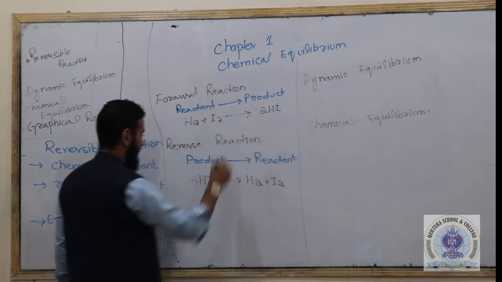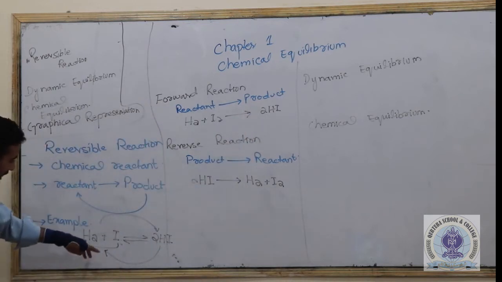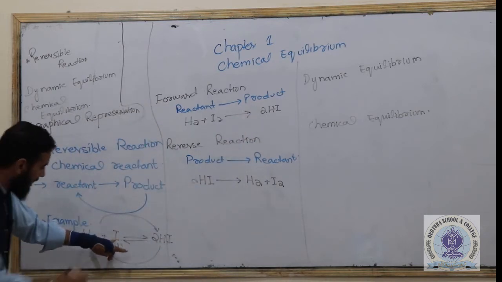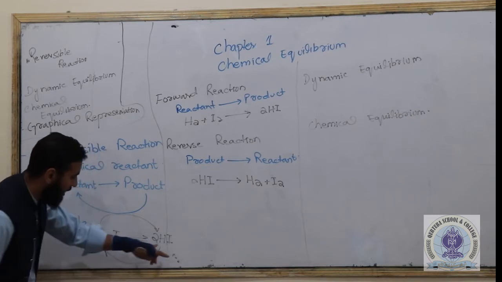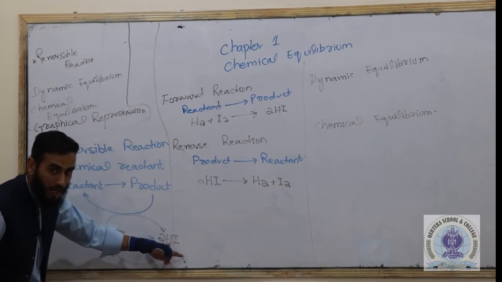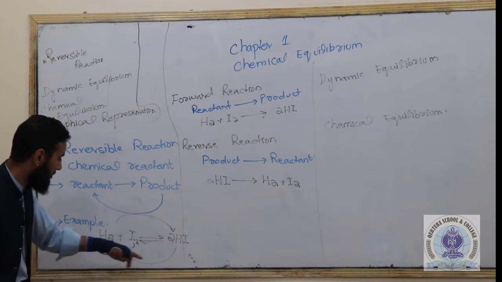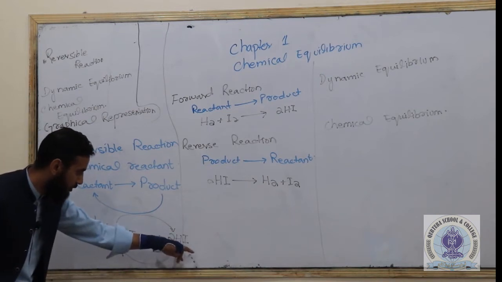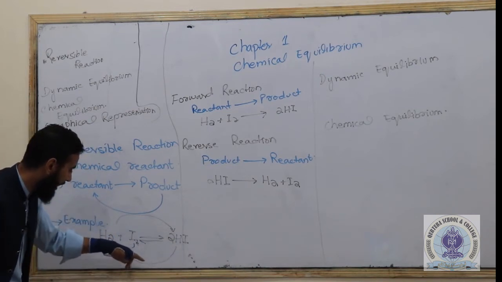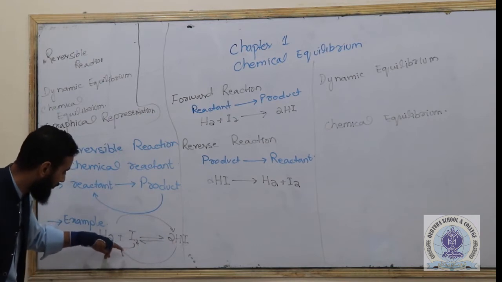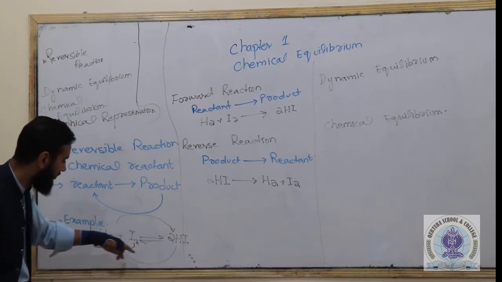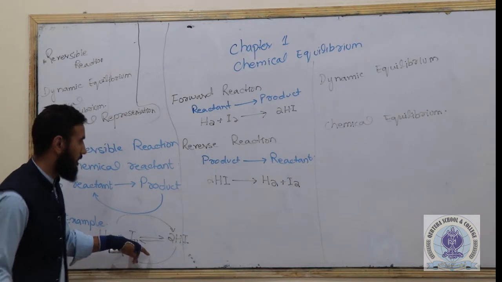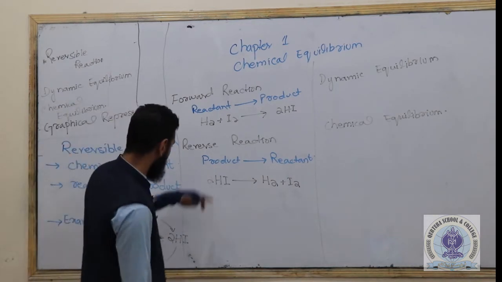As you can see, H2 was combining with I2 and forming 2 moles of hydrogen iodide, and similarly these 2 moles of hydrogen iodide were decomposing and forming 1 mole of hydrogen gas and also iodine gas.